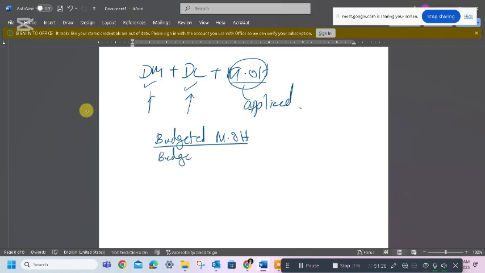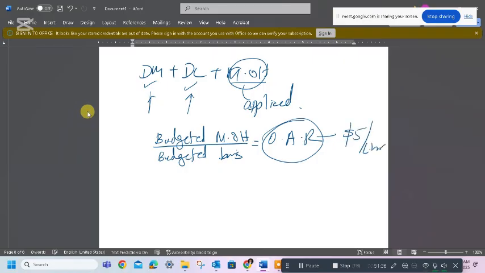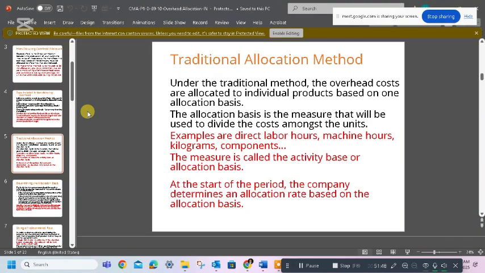Basis can be labor hours, machine hours, and you get a rate, the overhead application rate. Use this rate, say if it is $5 per labor hour, then take the products and see how many labor hours were spent for that product, multiply by 5, you get the manufacturing overhead. This is the traditional method, we say.